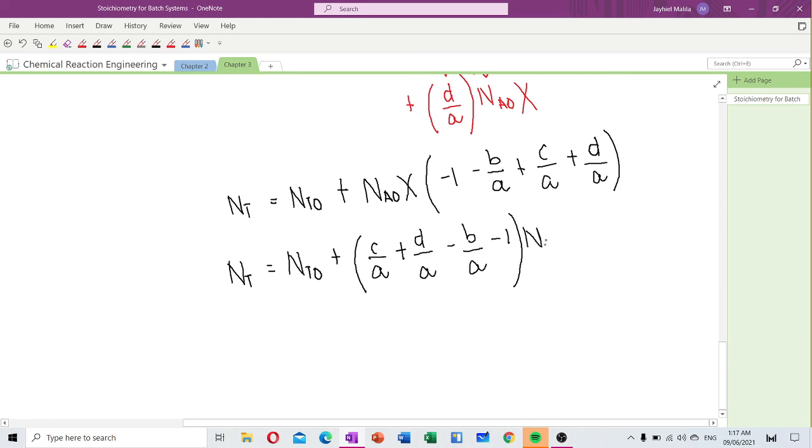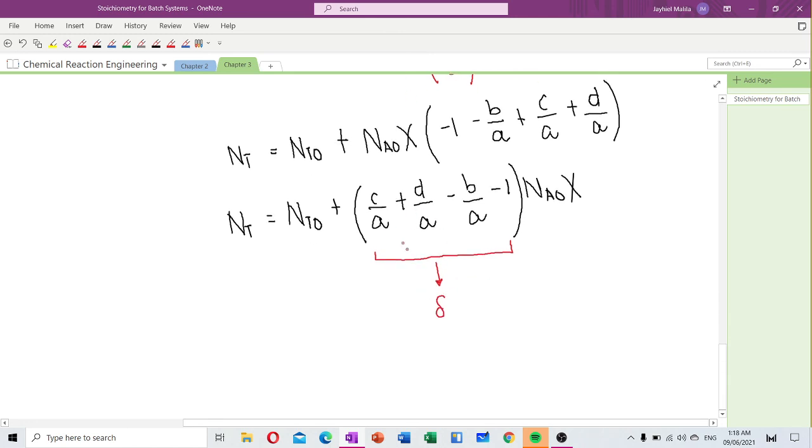And then NA0x. So as you can see, we have here a special term which accounts for the total change in the number of moles of the system with respect to the moles of A. It's a ratio of how many moles of X changed after the reaction, and that's with respect to A because all of them are divided by A. So we can use the symbol delta to account for this proportion.